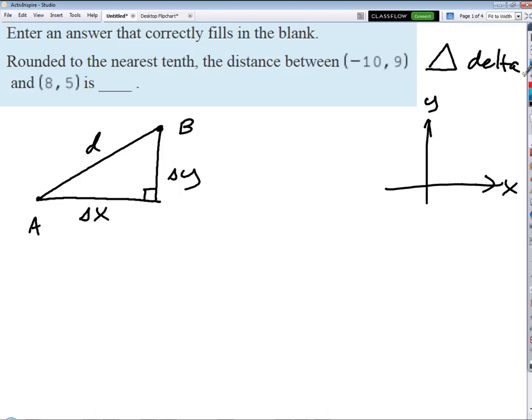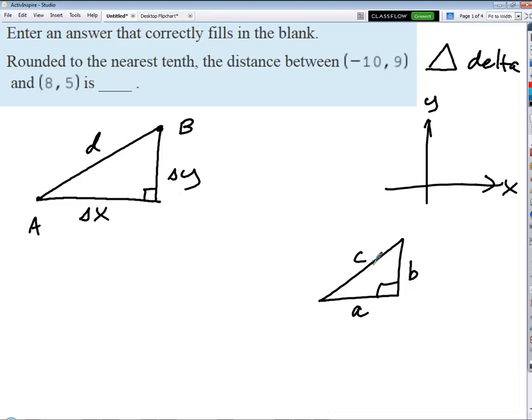Okay, so what does the Pythagorean theorem tell us about this? If we have a right triangle where the legs are A and B and the hypotenuse is always C, what does it tell us? A squared plus B squared equals C squared. Good. Well, we don't have A's and B's and C's here, but it's still a right triangle.